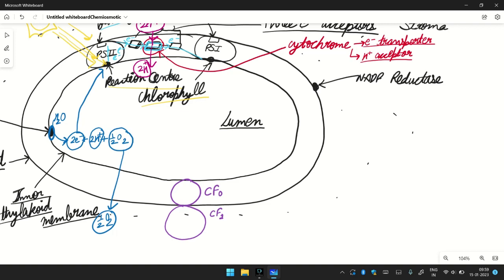Our CF1 acts as an ATPase. So this acts as our ATPase enzyme. So let me write here enzyme also. ATPase enzyme.